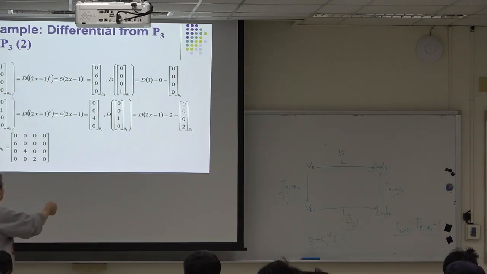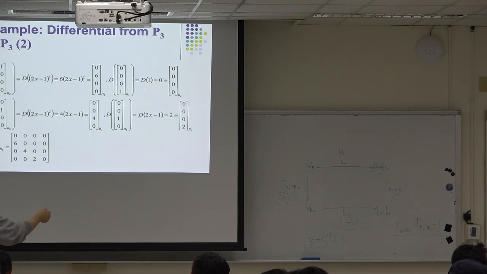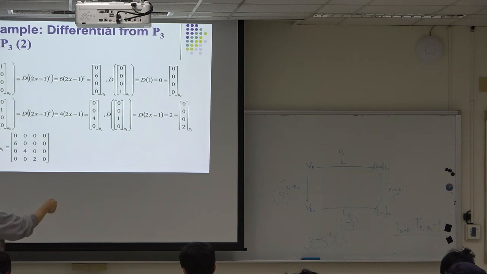So it's going to be 0 0 4 0. And then where is the other one? Oh, this one. 2x minus 1, you differentiate this one, you get 2. So it's 0 0 0 2. And then the last one is 1, differentiate is 0. So, combining all these 4, you get this one.